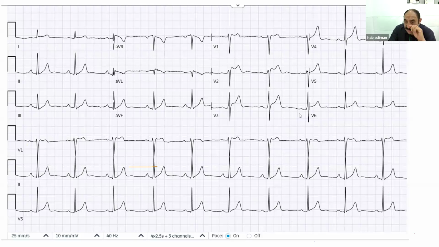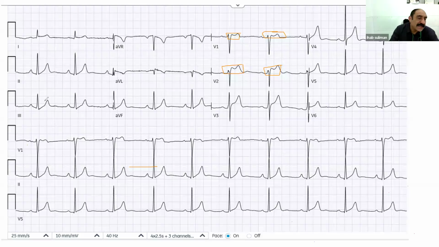So let us see this ECG. This ECG pattern is associated with sudden cardiac death. Can you name the syndrome of this ECG? If you look to V1 and V2, what could be the syndrome associated with sudden cardiac death? So I can make it easy. This is an abnormal ST elevation in V1 and V2.